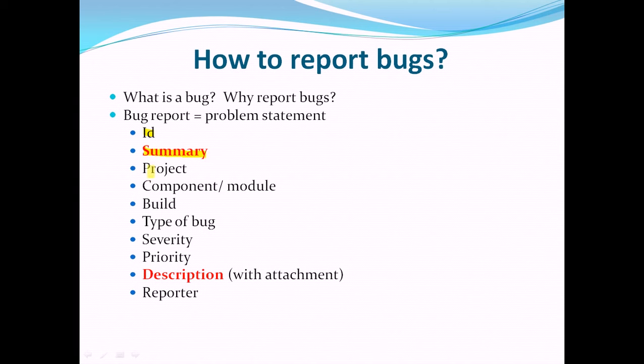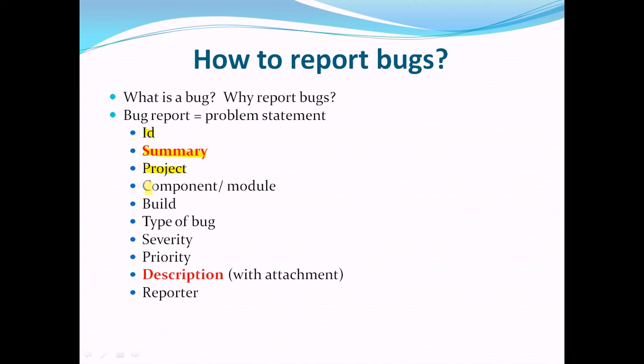Depending on how the defect tracking, how the bug tracking system is set up, there may be other data that you need to provide. Some of the other important data is the project where you found the bug. So you may have to type the name of the project, or more commonly you may have to select the project value from a drop down. Then within the project there can be multiple components or multiple modules.